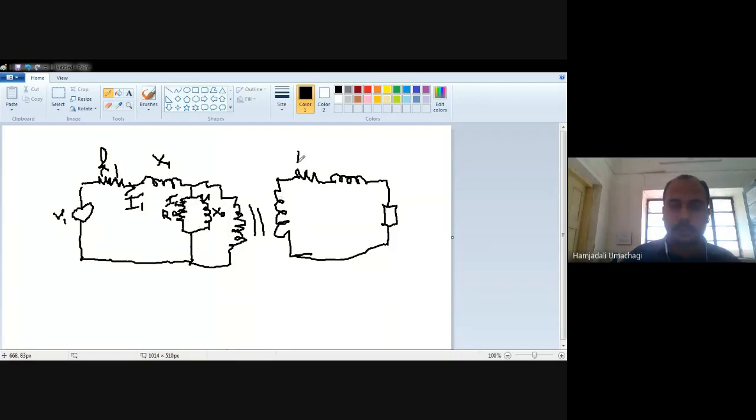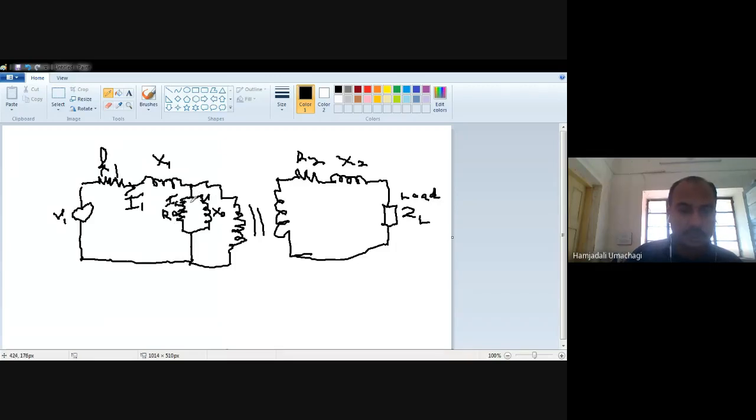So this is resistance R2. This is reactance X2. This is load ZL. So now in that earlier diagram, in that nodes diagram, this magnetizing branch is absent.